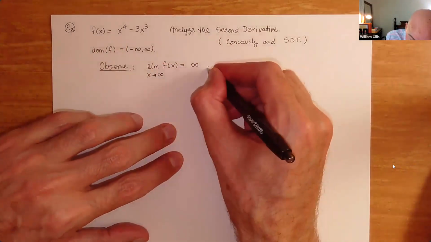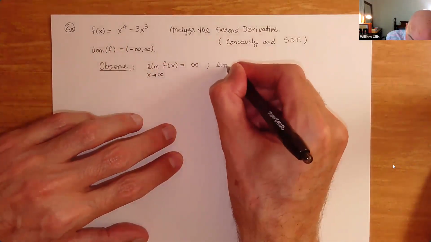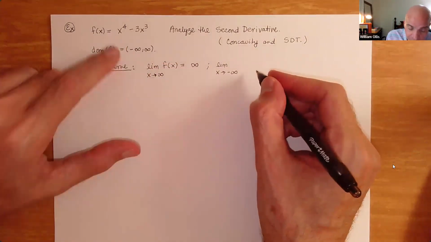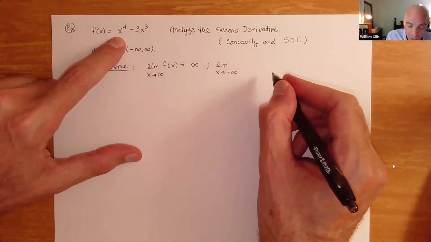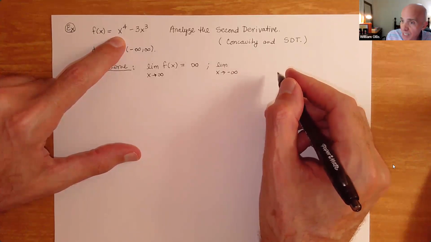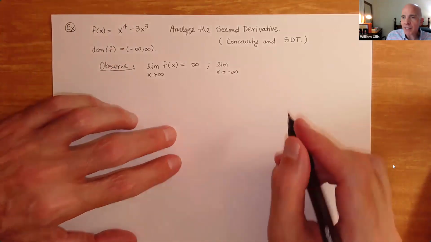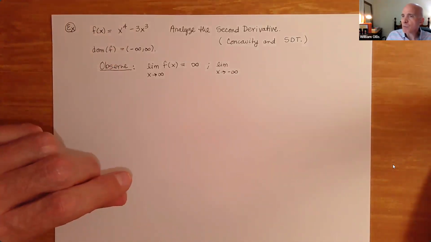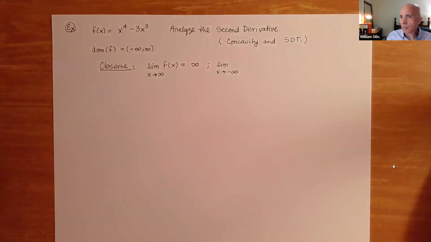And then it's a sign convention. As x passes to negative infinity, we can simply replace x with a value that is less than 0. And of course, that negative absorbs, and then we still tend to positive infinity. That is, when we think about negative infinity, we think about a number that is smaller than any negative number that we could come up with, but that is huge in a negative way.